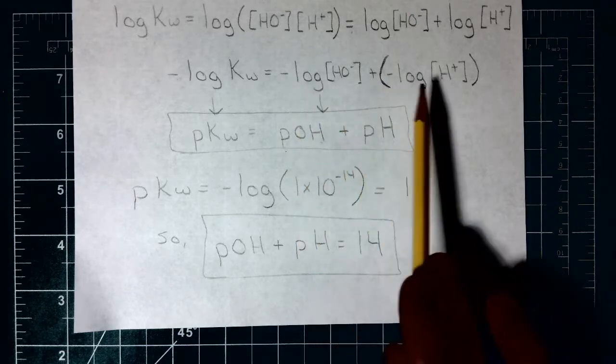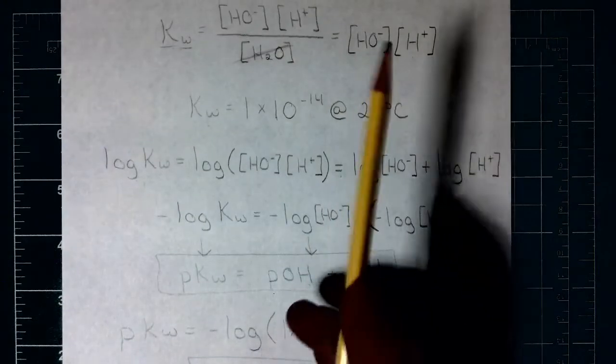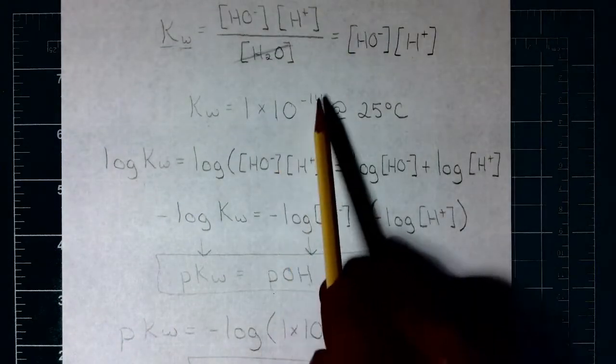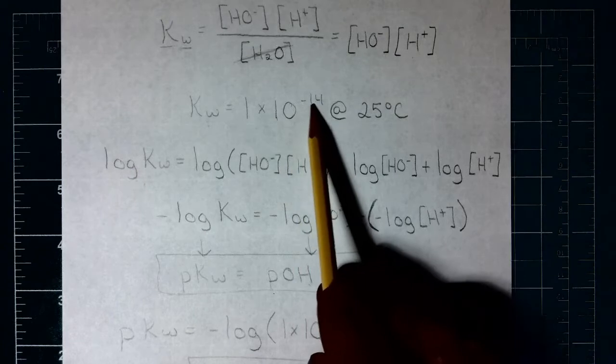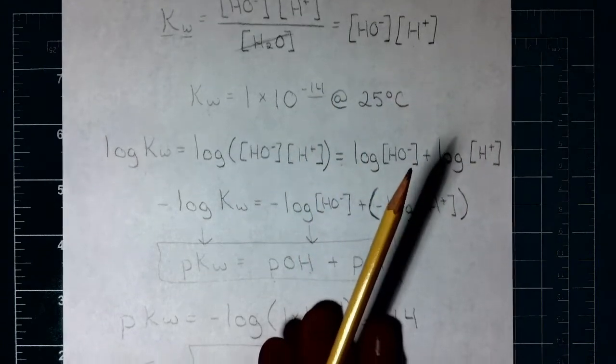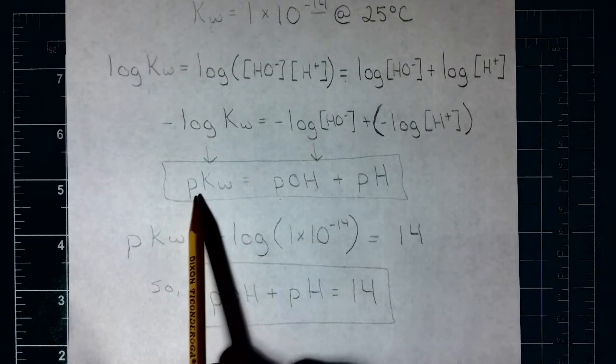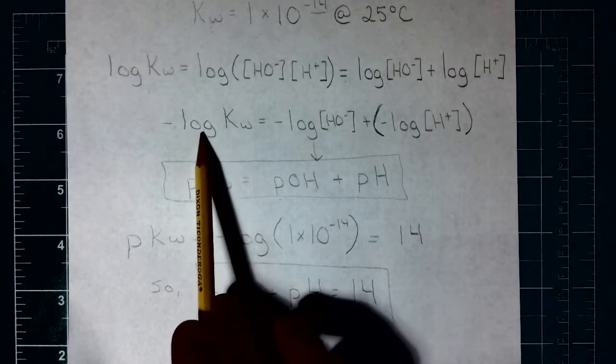Why specifically do we do the negative log? Well, if I take the log of this number here, remember that the answer to a log is an exponent, I'm going to get -14. But I want to work in positive values. So I want my pKw to be positive, so I make it the negative log.